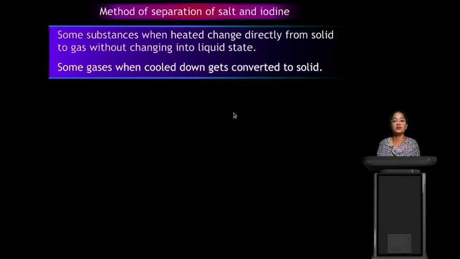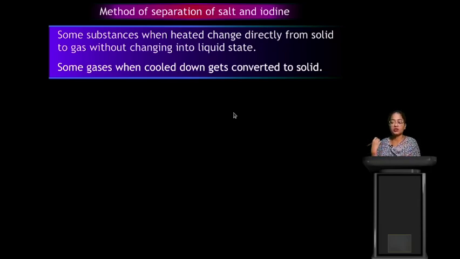Some substances, when heated, change directly from solid to gas without changing into a liquid state. They do not go through the liquid state but directly convert into the gas state. There are also some gases that, when cooled down, get converted into solid and not liquid. Let's say clouds. Clouds are in the gaseous state, right?